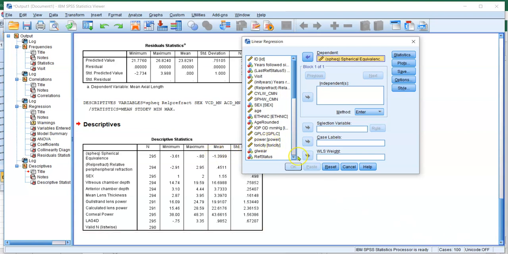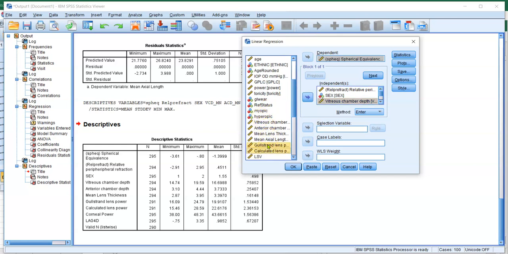So we want to add relative peripheral refraction, sex, VCD, which is the vitreous chamber depth, anterior chamber depth, mean lens thickness, the lens powers, Gullstrand and calculated, corneal power, and lag 40.